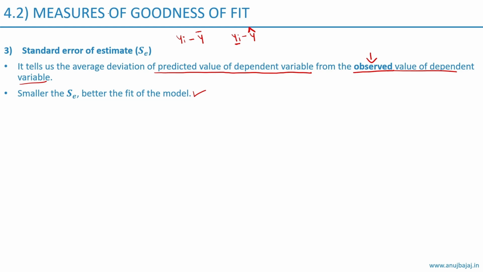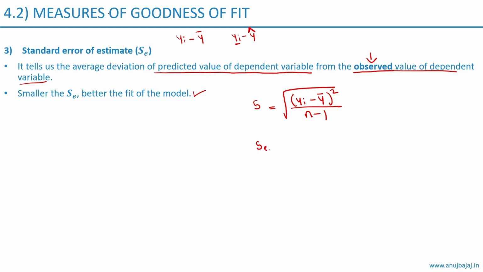Now, how do we calculate the standard error of estimate? Just like the normal formula that we use to calculate the standard deviation, which is yi, that is observation, minus the average value, squared, divided by n minus 1. This is the sample standard deviation.